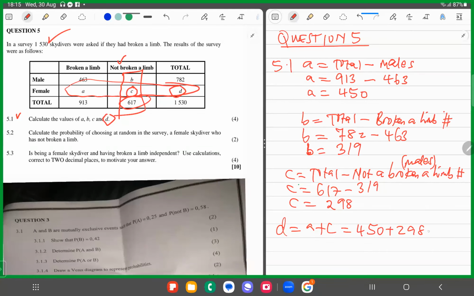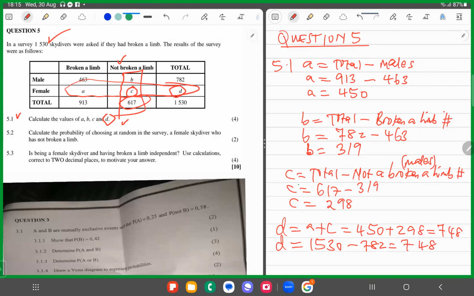We have already found this. What is 450 plus 298? It's exactly 748. Next we have D, which is 1530 minus 782. What is 1530 minus 782? It is also 748. So that gives us another way of finding D.